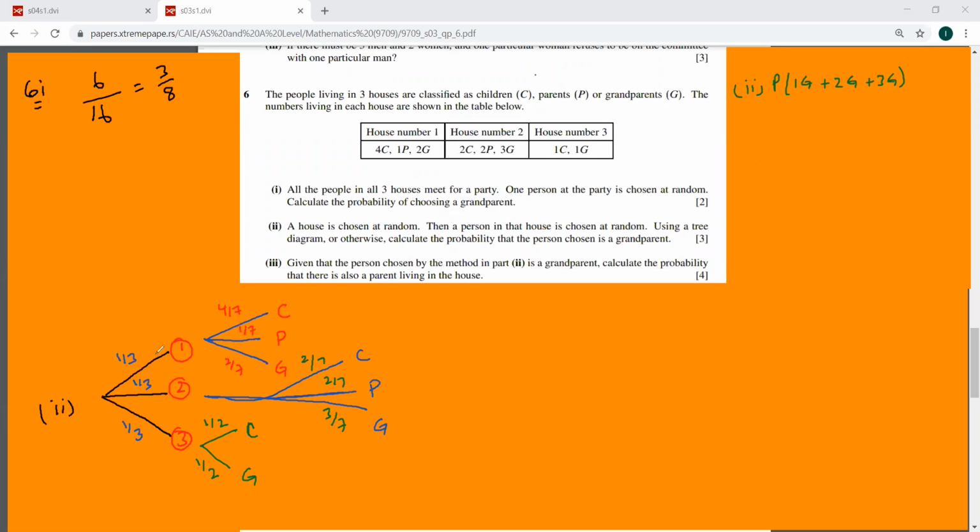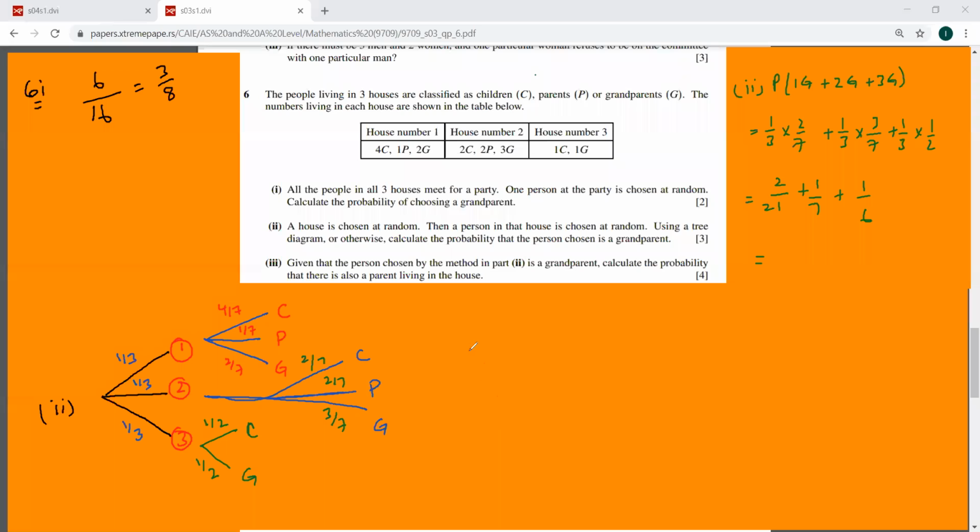So this is 1 over 3 times 2 over 7, plus 1 over 3 times 3 over 7, plus 1 over 3 times 1 over 2. You can simplify this: 2 over 21 plus 1 over 7 plus 1 over 6. You can use your calculators to add this up. I will be waiting for this answer.